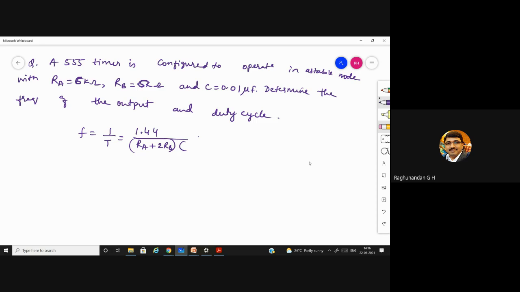It will be 1.4 fixed. The last digit, some of you might get 4, some of you might get 5. Both are correct, 1.44 or 1.45. No need to worry about that.